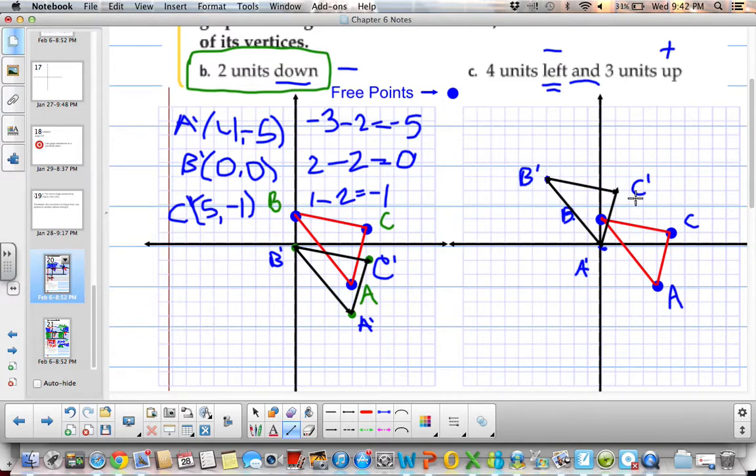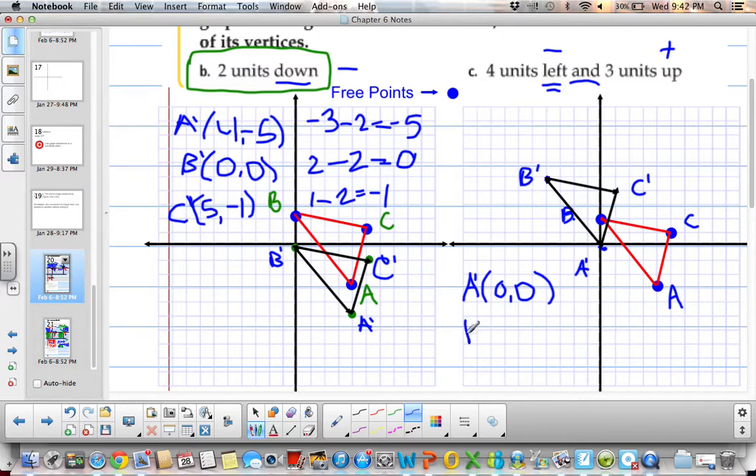Okay, let's graph or create our triangle. Oops, those should not have arrows on them. But there's our triangle. Okay, A prime, B prime, C prime. So now let's write our new coordinates. So A prime is now at 0, 0.